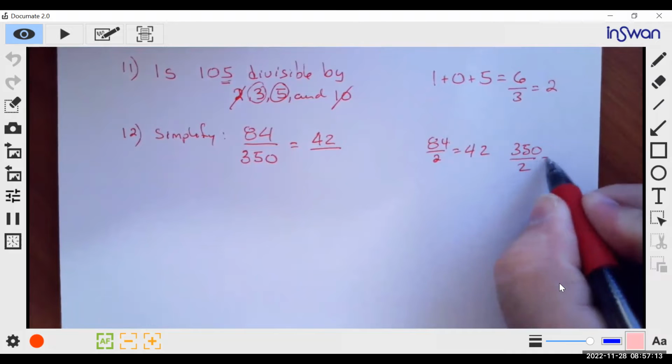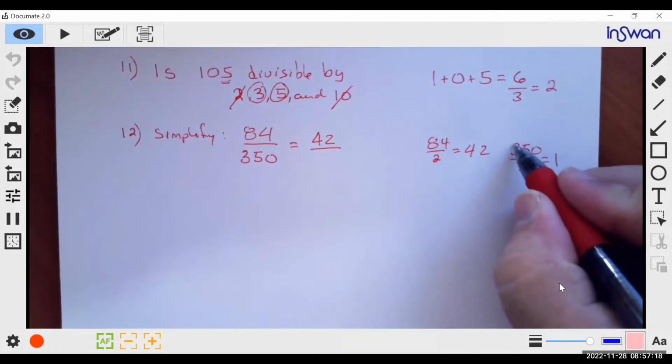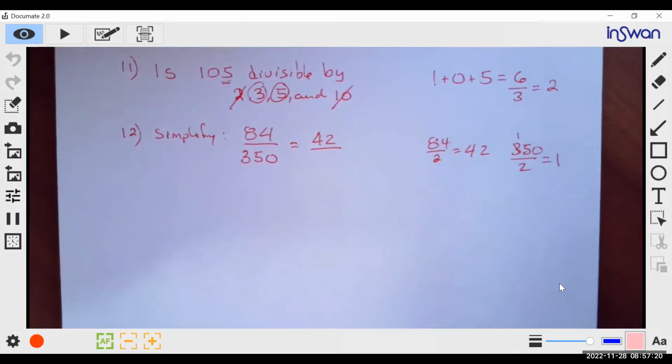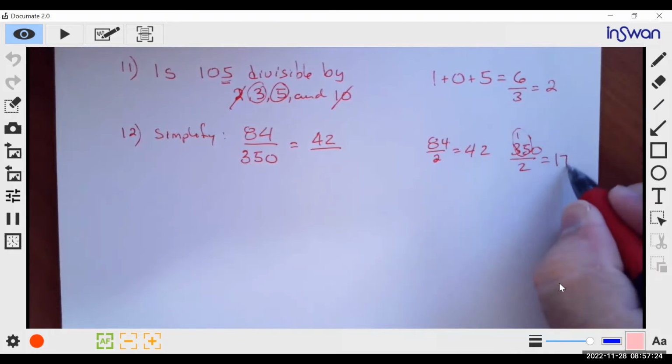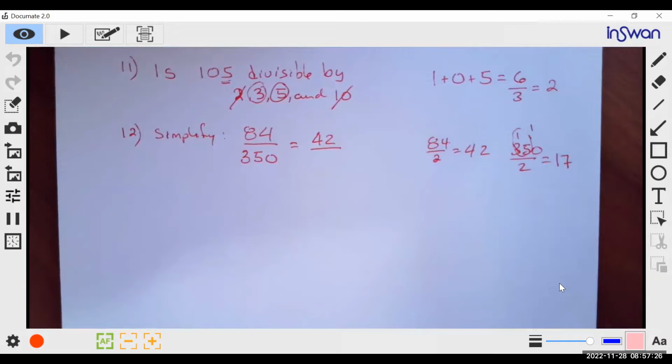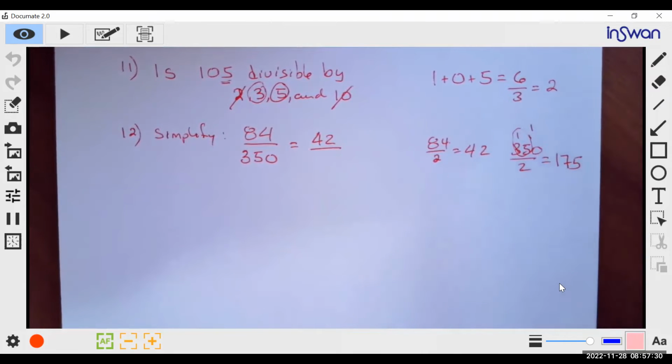350 is divisible by 2. 2 goes into 3 once, with 1 left over. 2 goes into 15 7 times with 1 left over. 2 goes into 10 5 times.